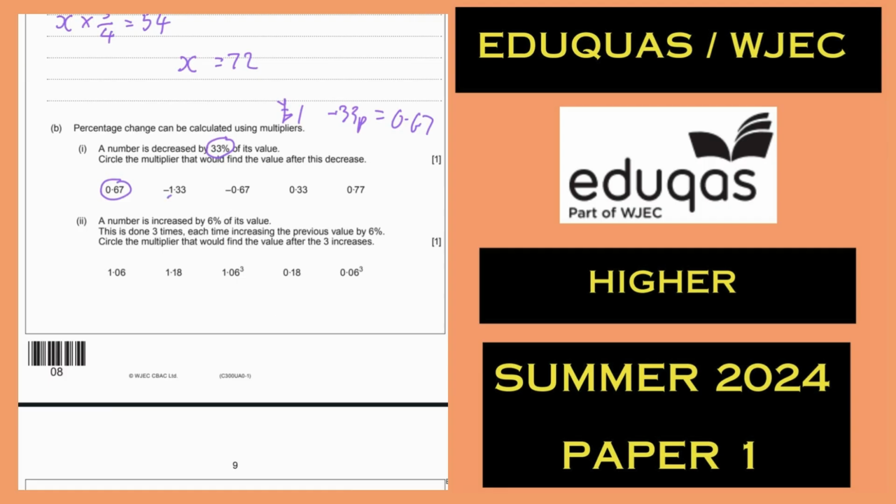It's also never a negative. You can instantly get rid of them. Part I, if you're increasing by 6%, you add 6 pence onto your pound, but to do it 3 times, we need power of 3.